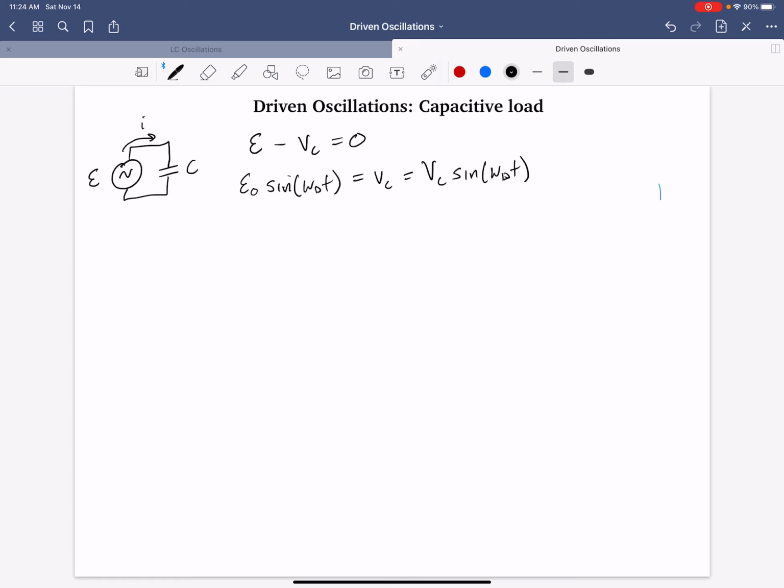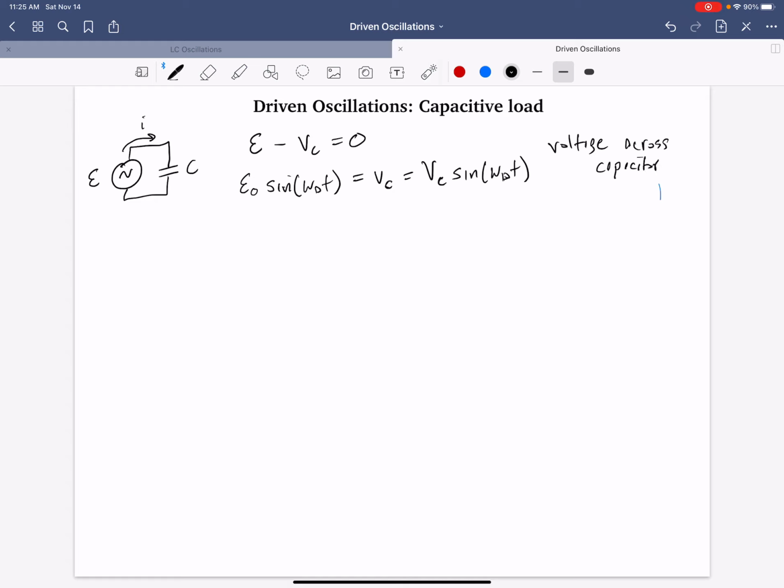That's kind of a silly nomenclature, the lowercase and the uppercase, but I don't want to introduce another type of nomenclature here, so I'll just stick with that. Lowercase, small, uppercase, big, and those are subscript C's. All right, good enough. So this is the voltage across that capacitor at any time.